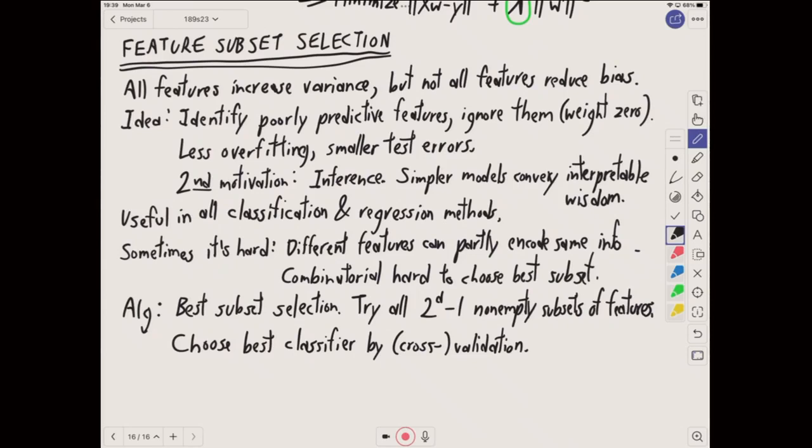The obvious problem with this algorithm is it's slow. Especially because you have to train 2 to the d different models. If d is small, like if it's 5, maybe even if it's 20, you might find it worthwhile to do this. But if d is really big, like if you're doing image classification, this is totally impossible.